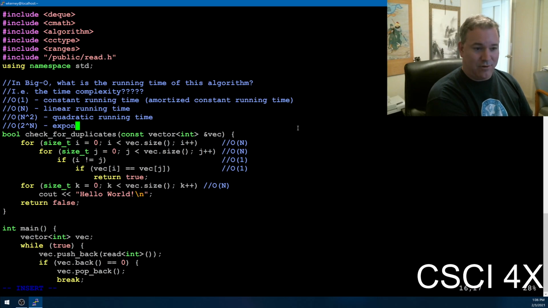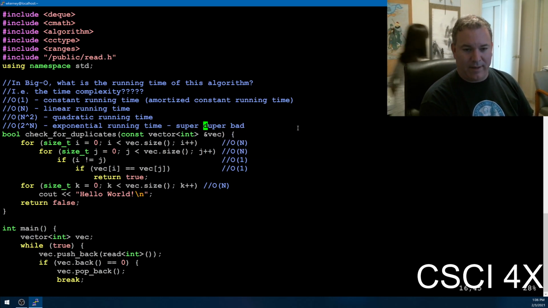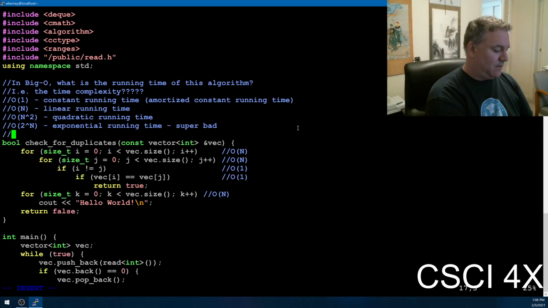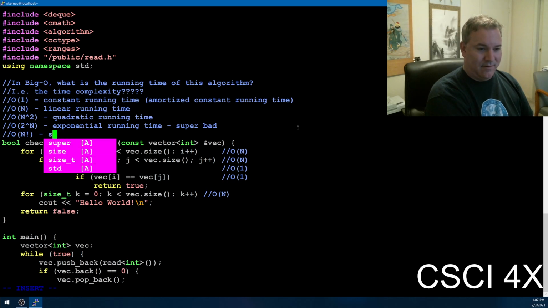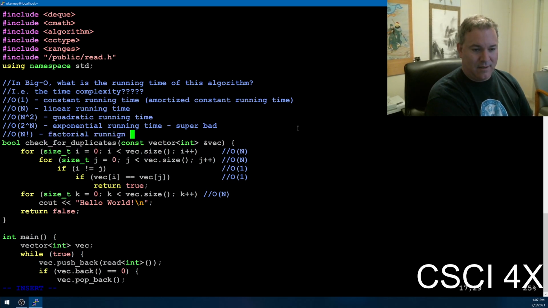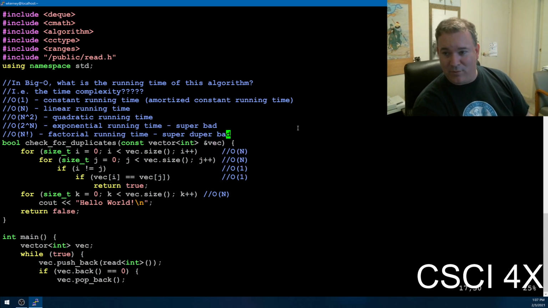But this is exponential running time, and this is super duper bad. It's really bad. And then there's order n factorial, which is called factorial running time, which is super duper bad running time. And then there's even worse ones that are extraordinarily bad.